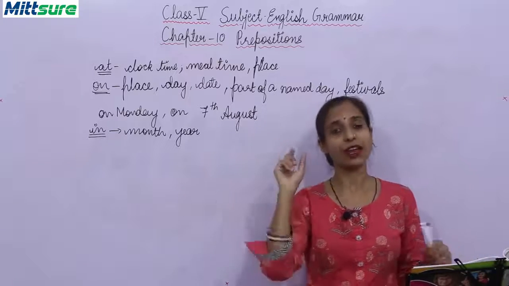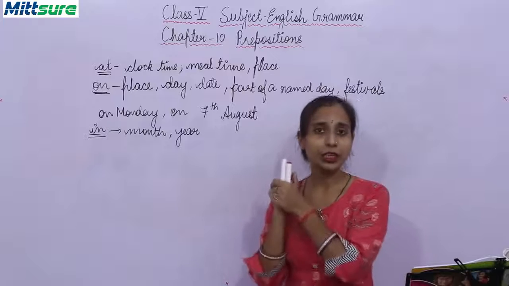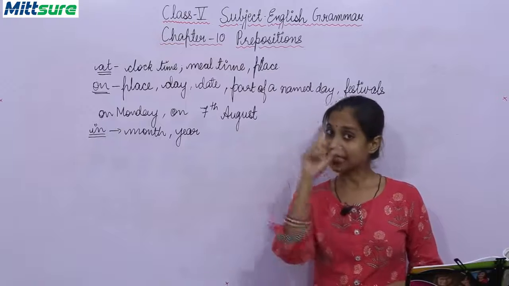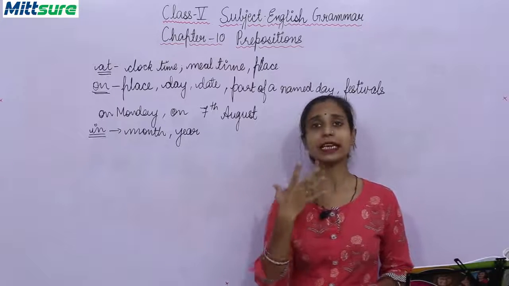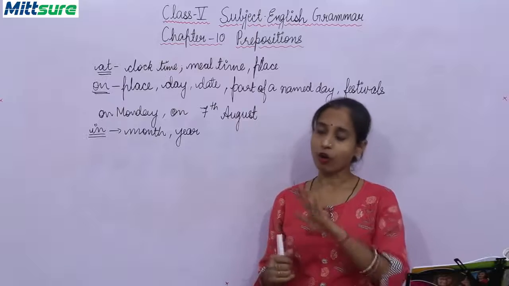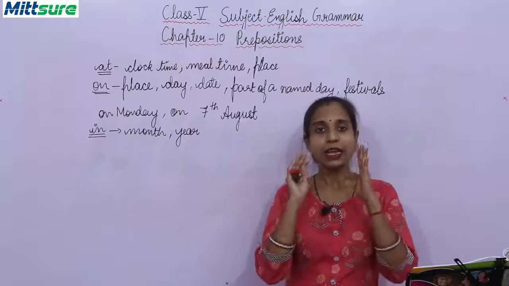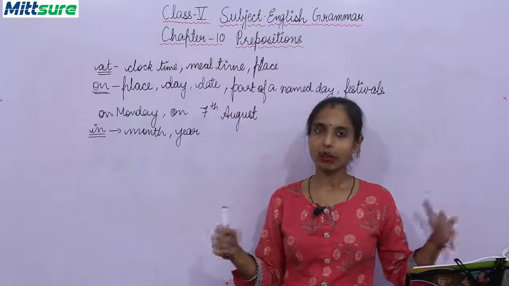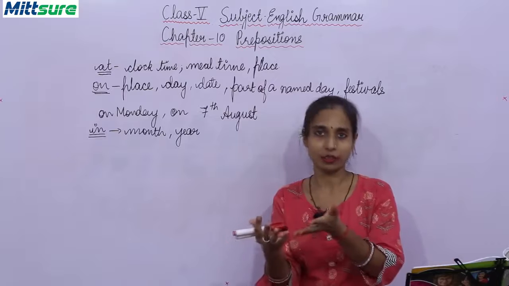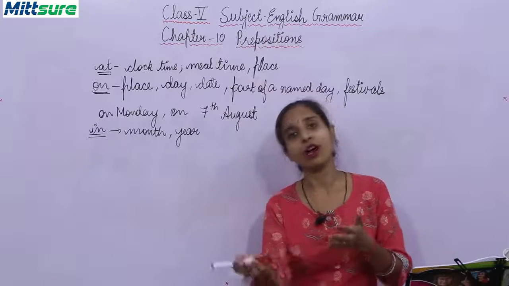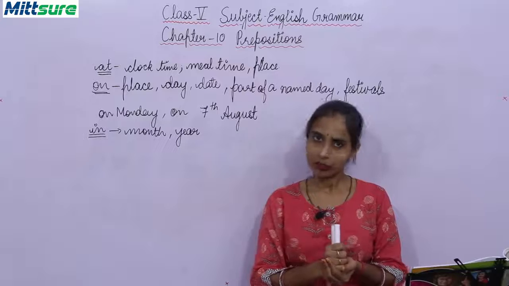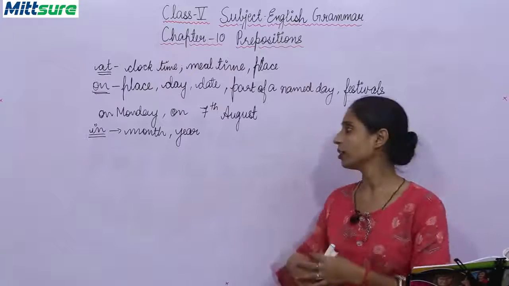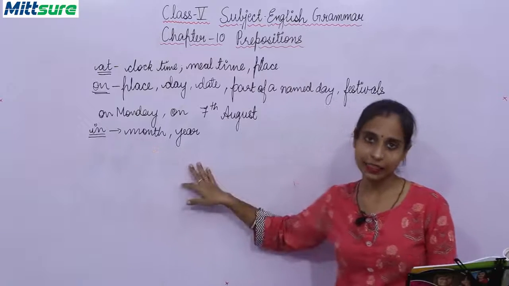When we are talking about a particular time, we use "on". Date and day is a particular thing, so we are using "on". Month and year is a broader thing. In August, on 15th, like that.